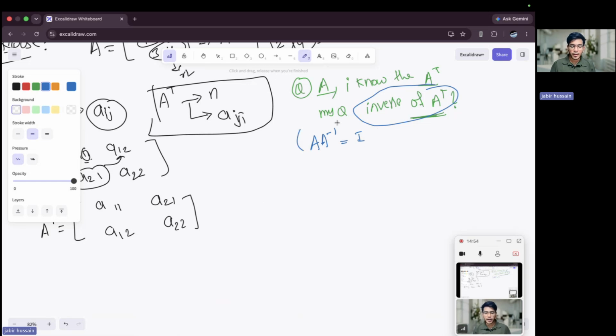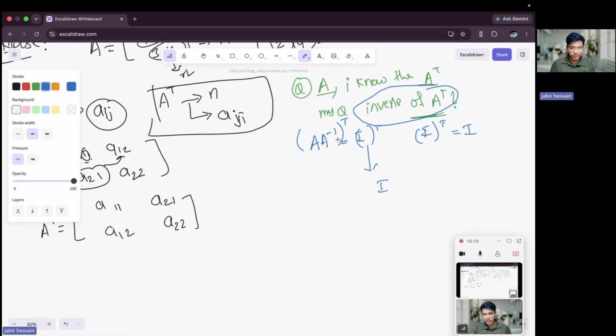So can I transpose the matrix on both sides? I can do that, right? Here we know that I transpose will give me I, so this will give me I only.